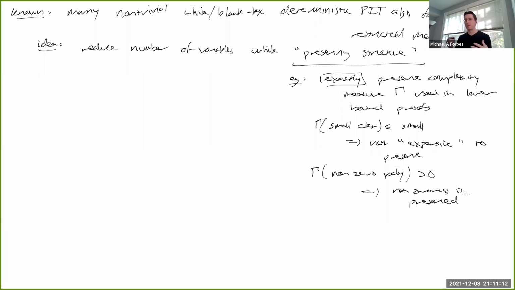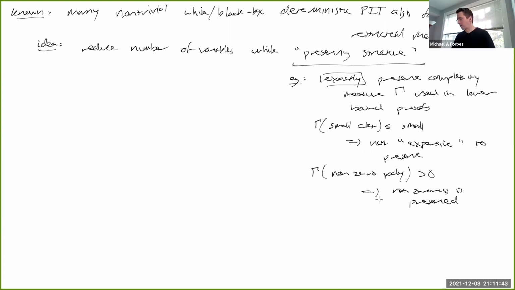If you want to apply inductive methods, you have to have a strong enough induction hypothesis. And this is the way to state that induction hypothesis correctly. Okay, so this is how I think of some PIT algorithms.